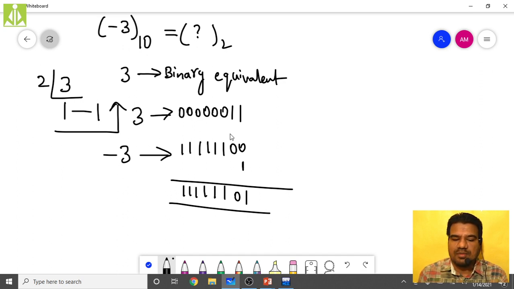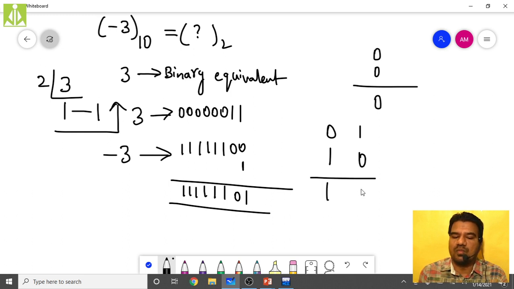So when you are performing this addition, there is one important rule that you have to understand. If you are adding 0 and 0, you get 0 only. If you get 0 1 or 1 0, in both cases you will get 1 only.